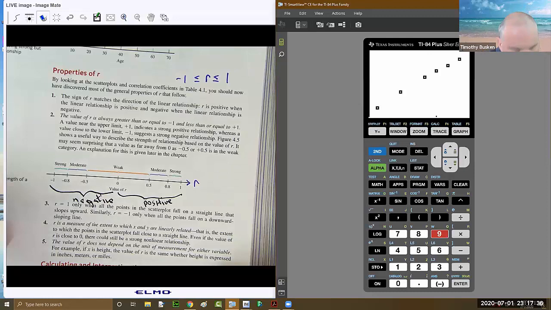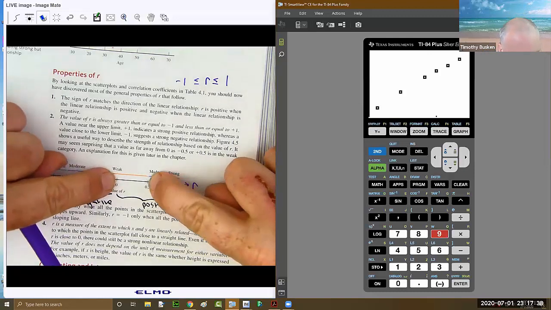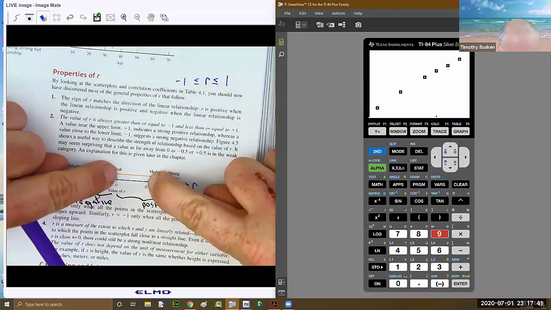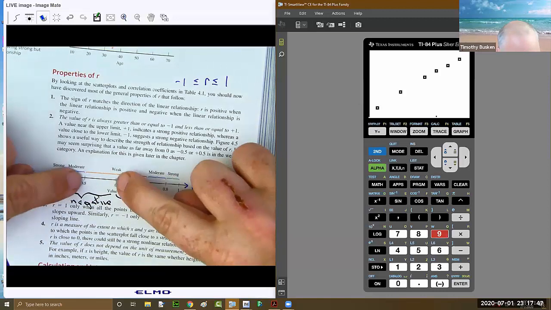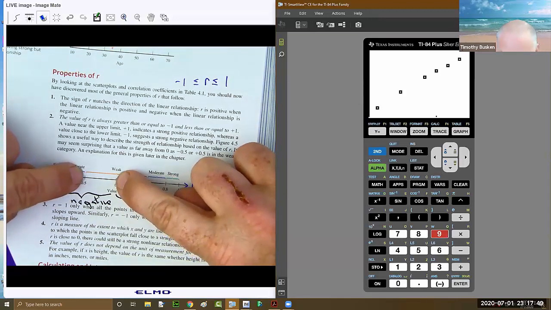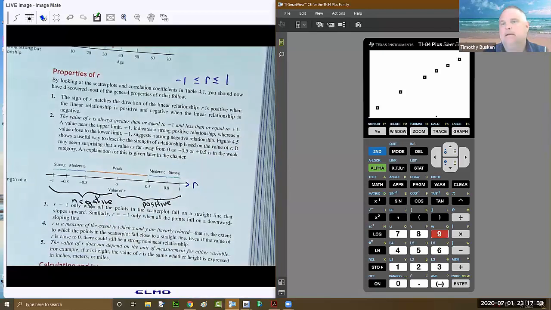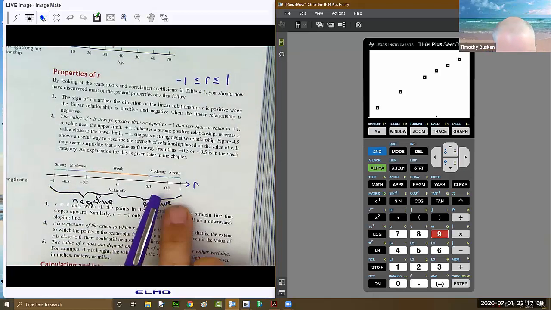So if I've got a value of R between 0 and 0.5, I'm going to say it's a weak positive relationship, and you're going to see that in the graph. If I have a value of R between negative 0.5 and 0, then I've got a weak negative correlation. And similar statements can be made for other sections of the graph right here.